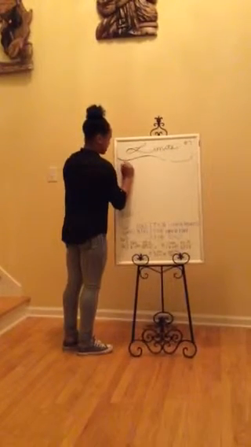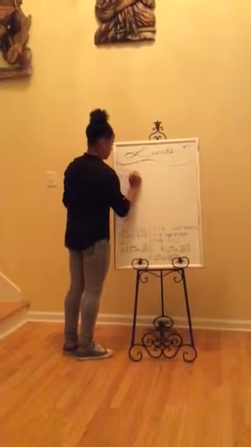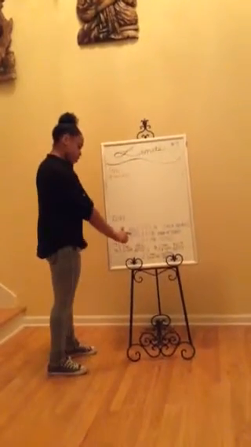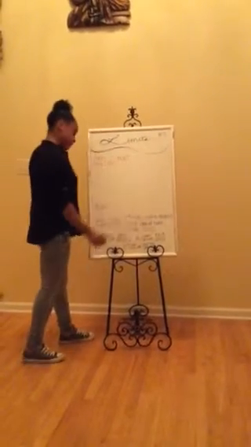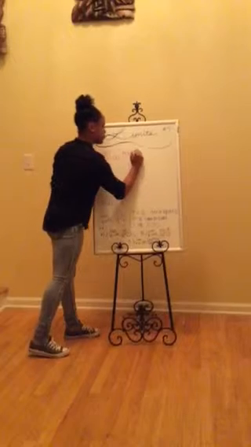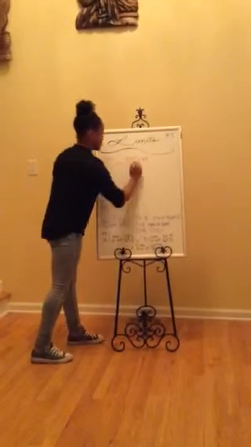And for our last example, we have the limit as x approaches negative infinity, this time, of 15x to the 5th plus 45 over 3x squared.